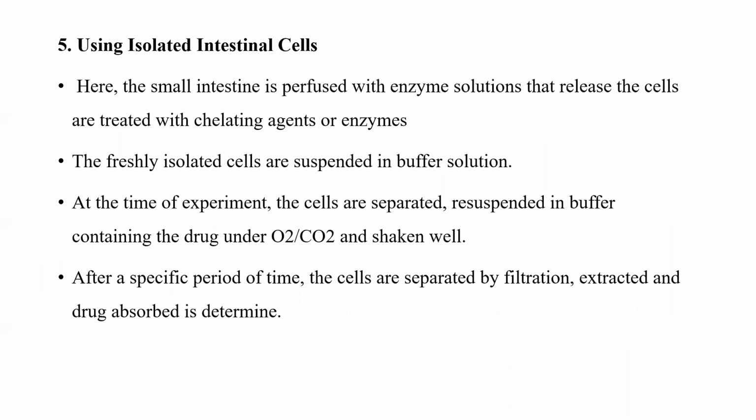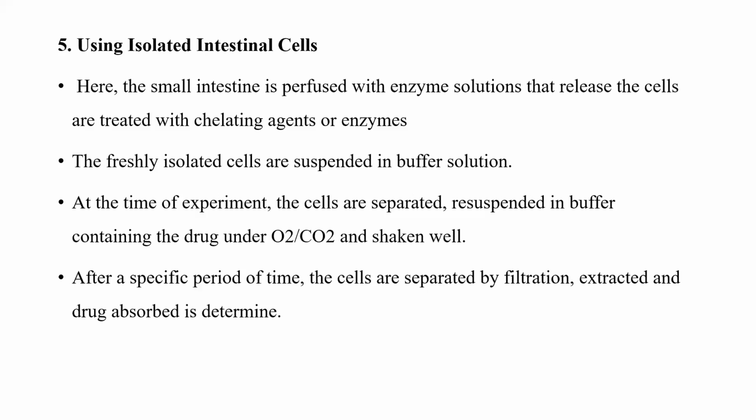And then the fifth one is using isolated intestinal cells. Here, taking a small intestine and perfusing it with enzyme solution releases the cells, which are then treated with a chelating agent or enzyme. After that, the freshly isolated cells are suspended in a buffer solution.